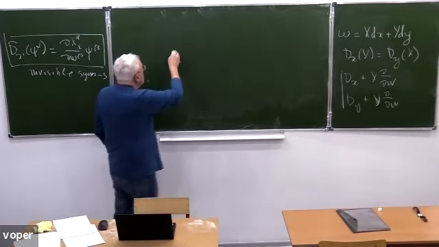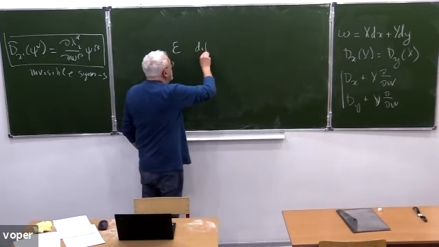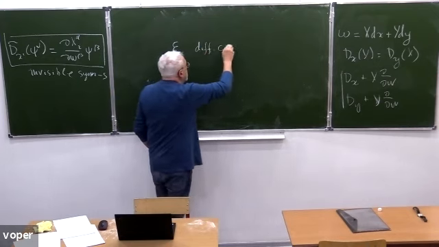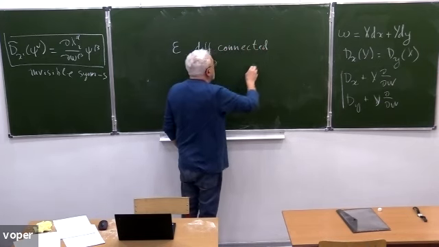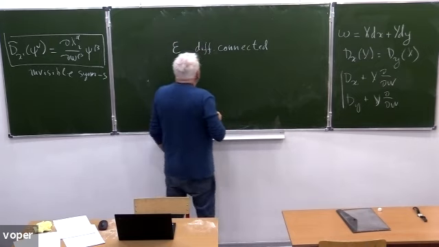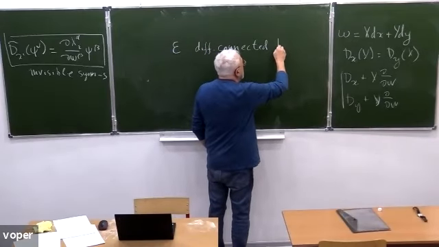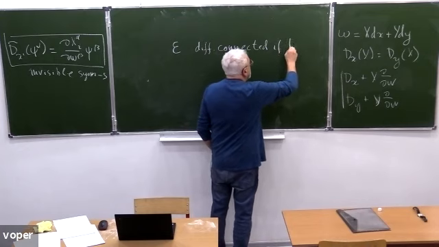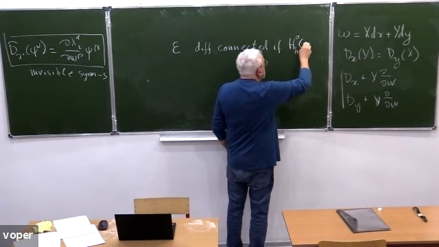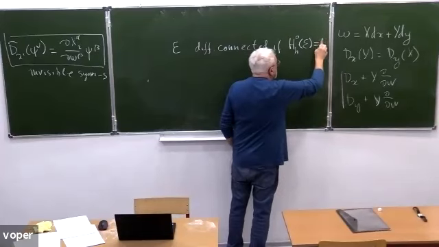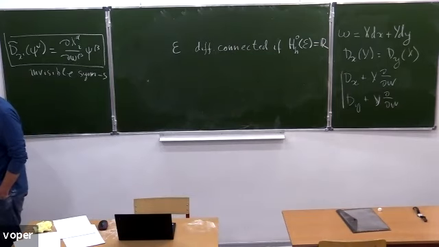Let us say that E is differentially connected if, invariantly, its zero group of horizontal cohomologies coincides with real numbers.